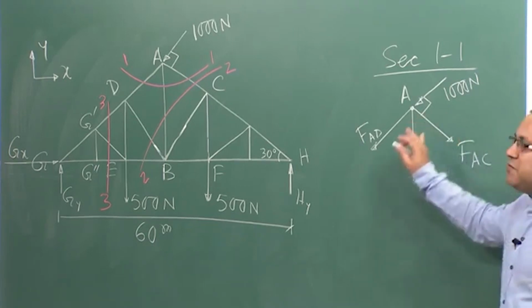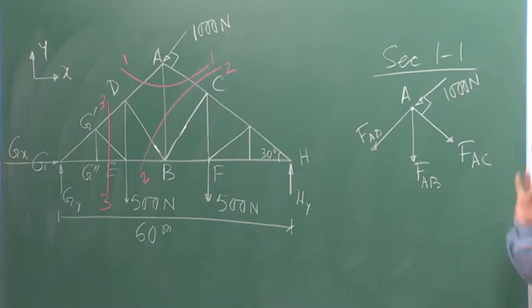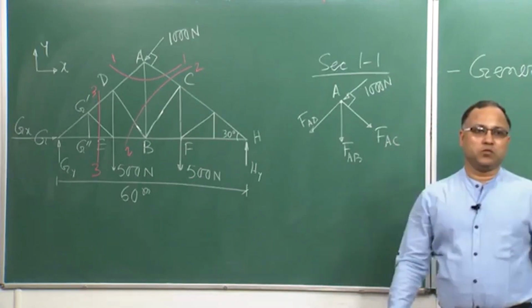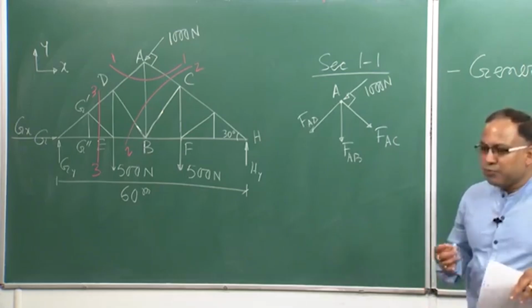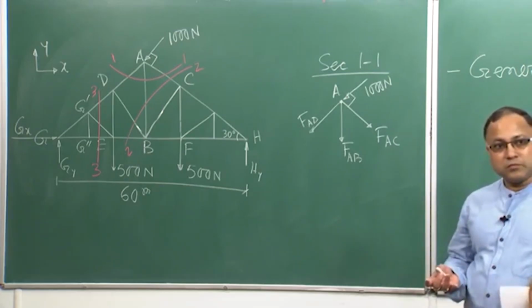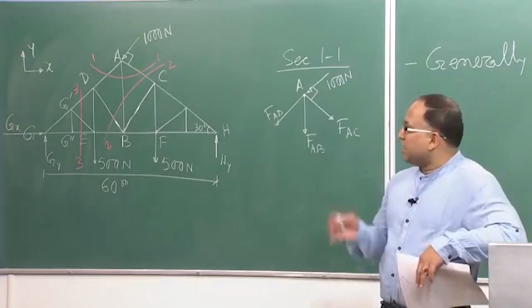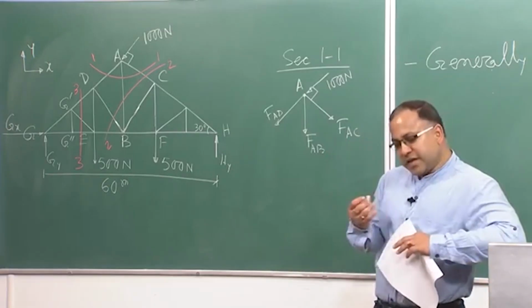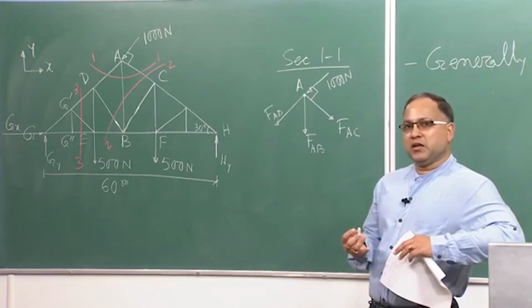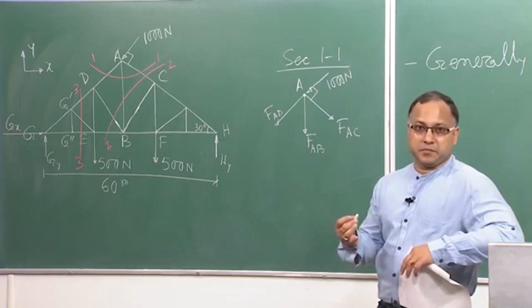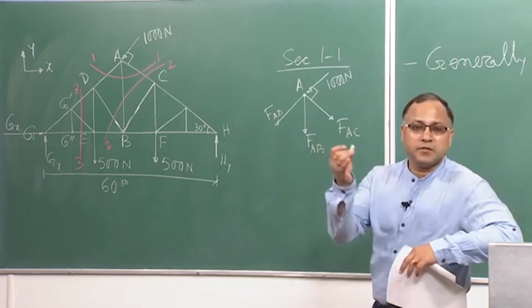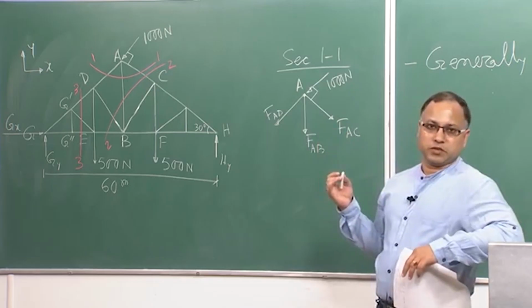So, this is the free body diagram of the upper part of section 1-1. Similarly, you can draw the free body diagram of the lower part. By taking the section, I am taking out some part of the truss and analyzing that part separately to get the unknown member forces.